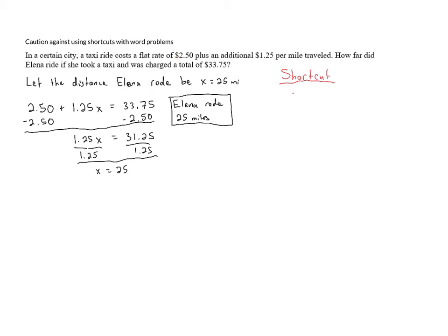So we're going to get rid of the $2.50 by subtracting it. So 33.75 minus $2.50 gives $31.25. That's the amount that went towards the per mile rate. And then it's $1.25 per mile. So students are taking this 31.25 and then dividing it by 1.25 and getting 25.